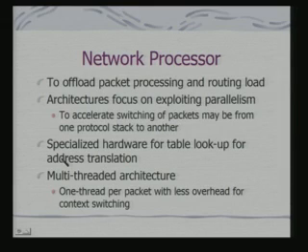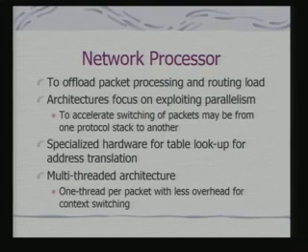So, address lookup or even routing table lookup, if you are already maintaining routing tables, as routers in many cases do, requires facilities for very fast table lookup. If such a facility is implemented in hardware, it becomes easier and more efficient. So, you have specialized hardware for table lookup.